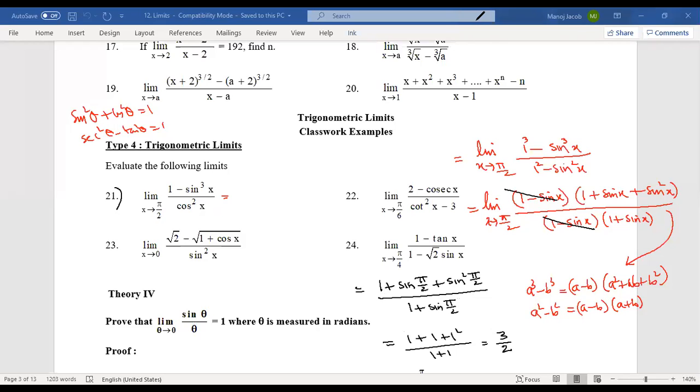Is it difficult? No, sir. After you have done that, please do 22 yourself.